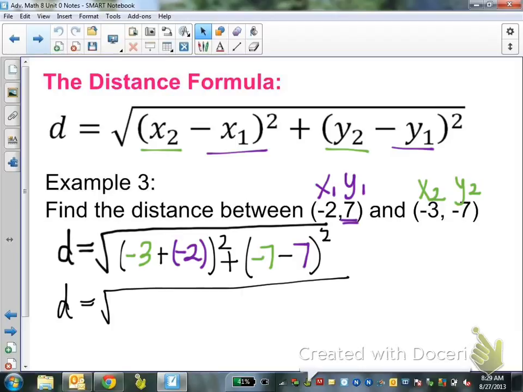It all turns positive. So what's -3 plus 2? -1. So put it in parentheses, -1 squared, plus -7 minus 7. What's that give me? -14 squared. Oops.